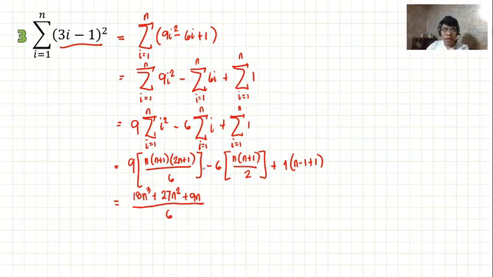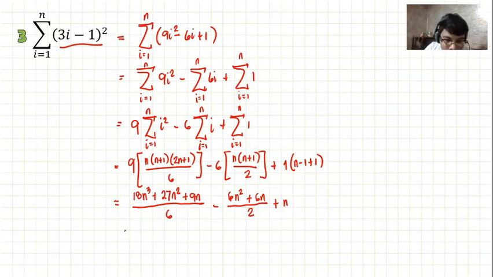Next, minus 6n squared, and you have plus 6n all over 2. Next, plus n. Okay, so we have that there.